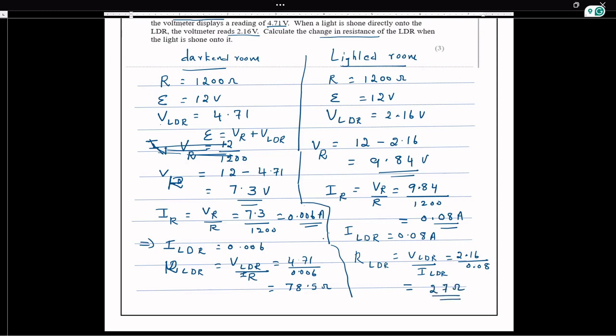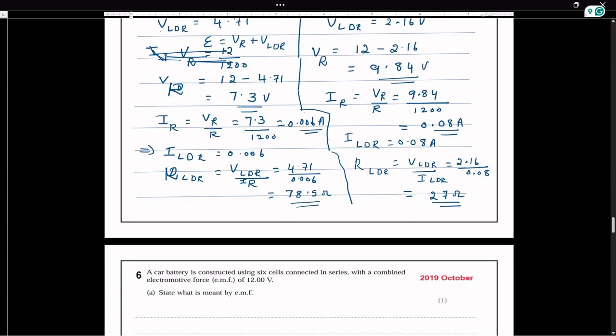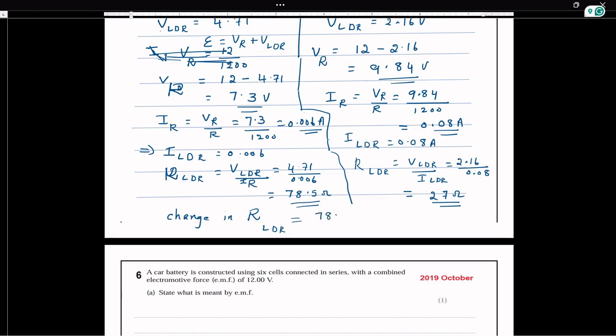So we calculated the resistance of the LDR in the darkened room as well as in the lighted room. Therefore, the question is, what is the change in resistance of the LDR? This is the difference between these two numbers, 78.5 minus 27, which gives an answer of 48.5.